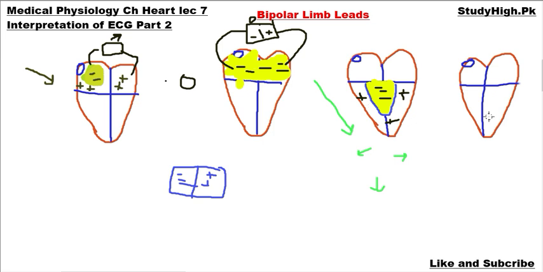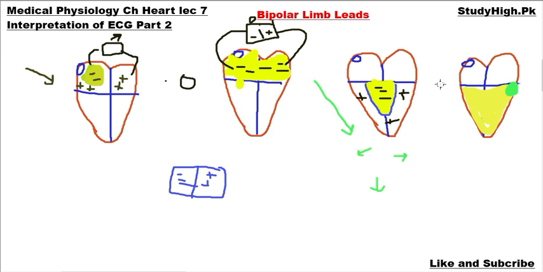After some time, what will happen? All the ventricular muscles will be depolarized, and this region is depolarized last. The base of the left ventricle is depolarized last. You must also remember this, it will help you in diagnosing different types of diseases and in understanding electrocardiographic paper curves.